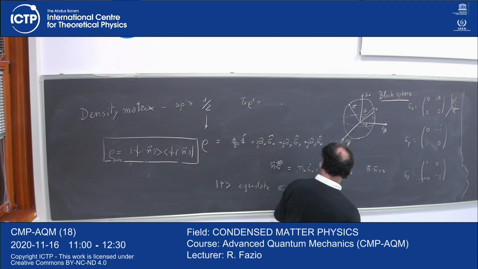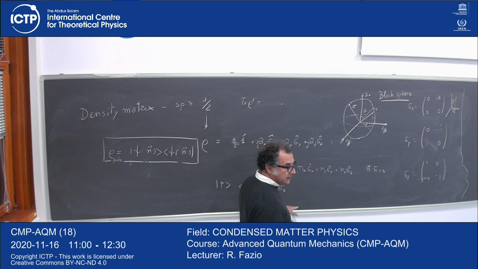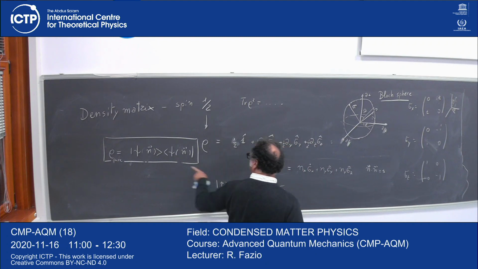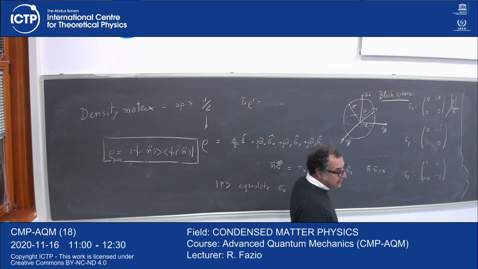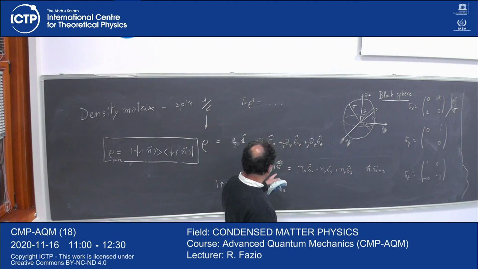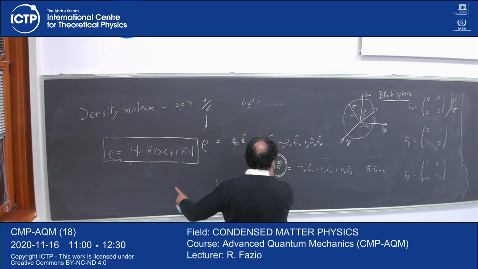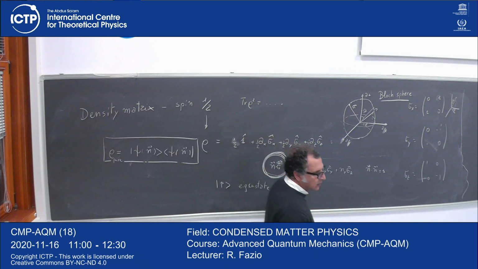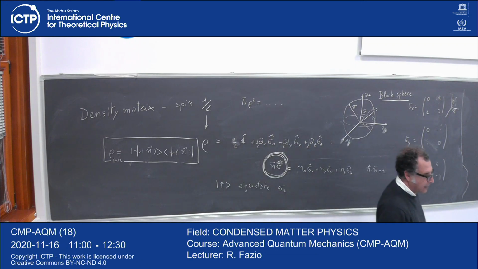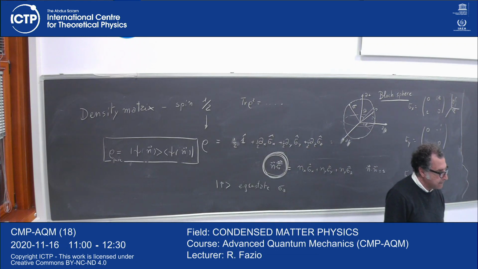So when theta is 0 or pi, this state is an eigenstate of sigma z. If theta and phi are generic, what is the operator of which this is an eigenstate? It is this n dot sigma.